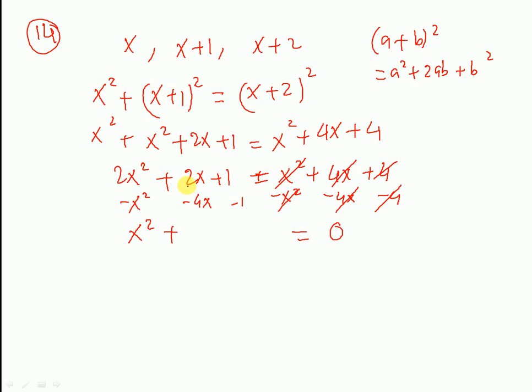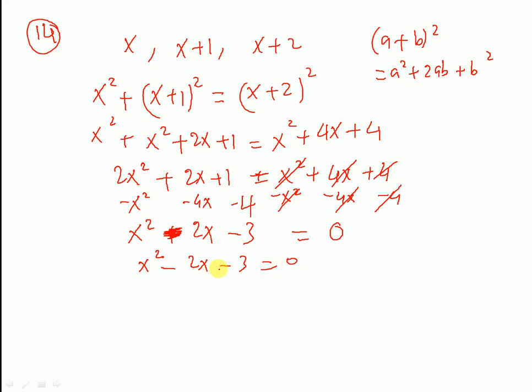The left side, 2x minus 4x, that's minus 2x. And 1 minus 4 is minus 3. So x squared minus 2x minus 3 equals 0.